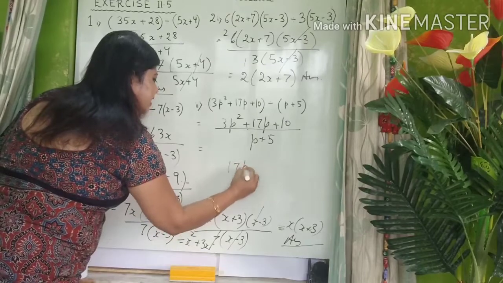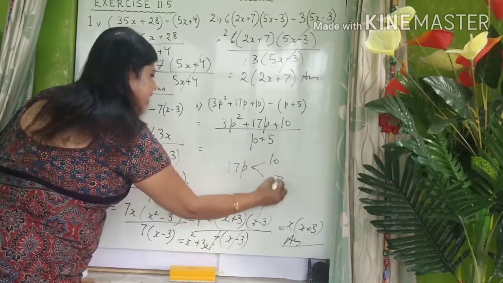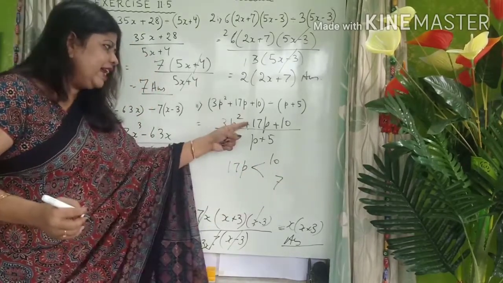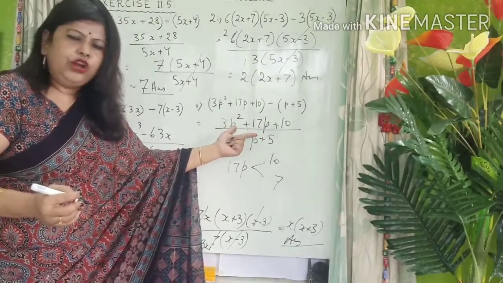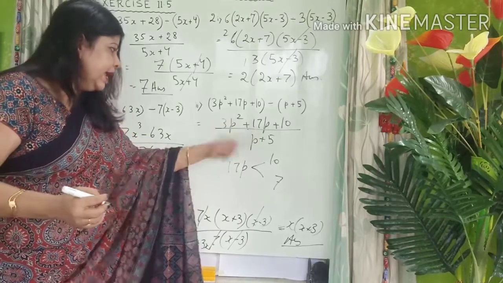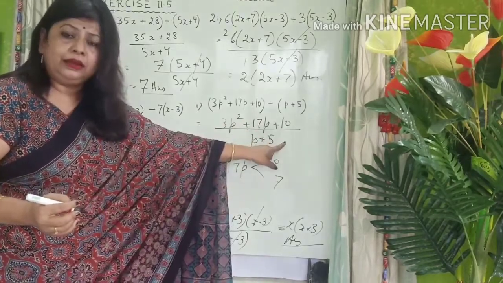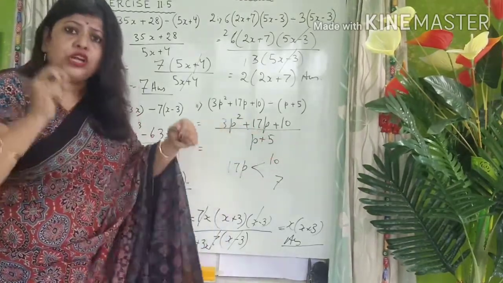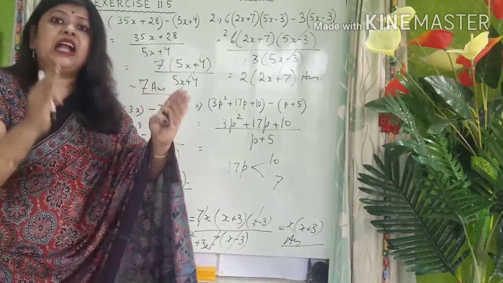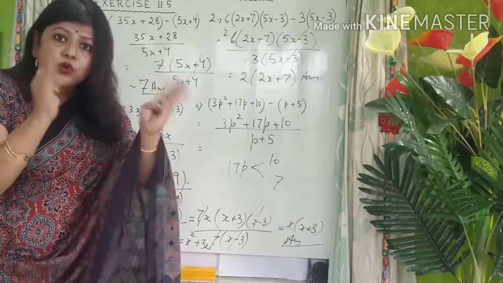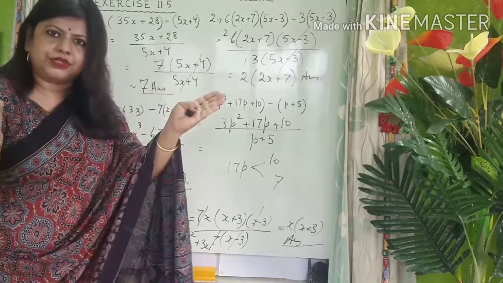Now, if I break 17p, say as 10 and 7, then 3 and 10 will not have a common factor. Neither will 7 and 10 if you write that. So you have to break the middle part in such a way that you get a common factor with the other terms.